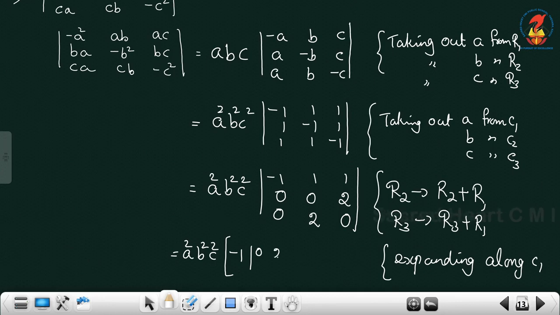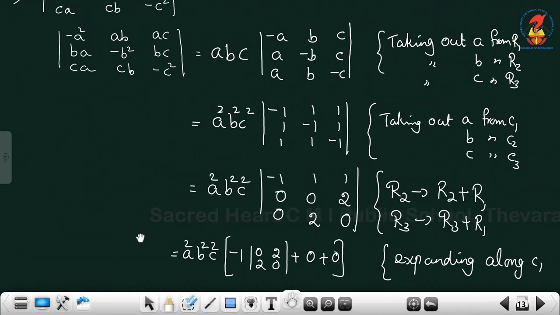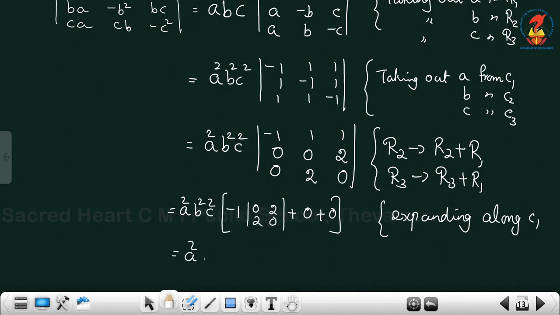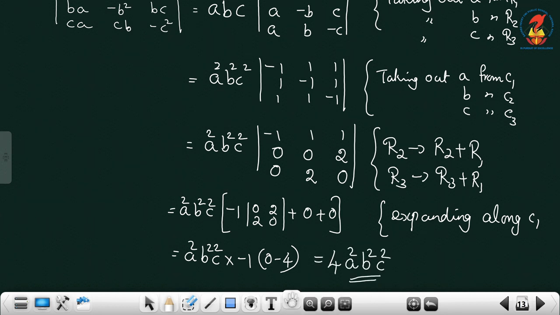So we get a 2 by 2 determinant, this one. Then the next two elements are zeros. Now find the value of the determinant. a²b²c² into -1 into (0 - 4). So that becomes 4. So the answer is 4a²b²c².